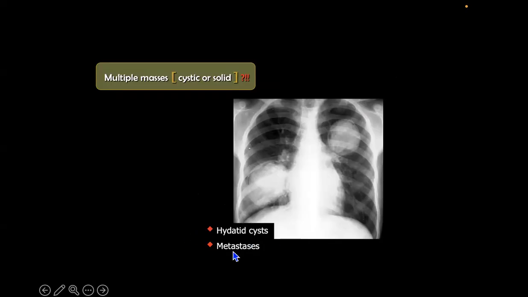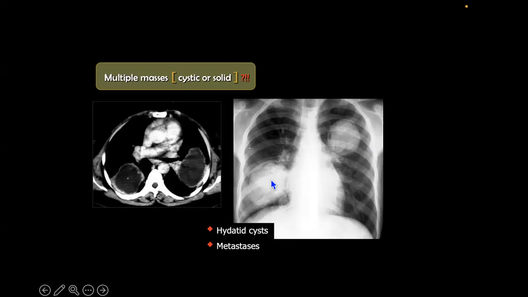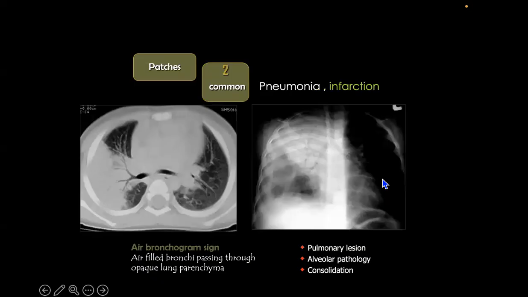So the differential is between metastasis and hydatid, but anything which is well defined like this, usually you go to benign things. When we did the CT scan, just fluid-containing, very thin-walled cysts, and these were hydatid cysts.